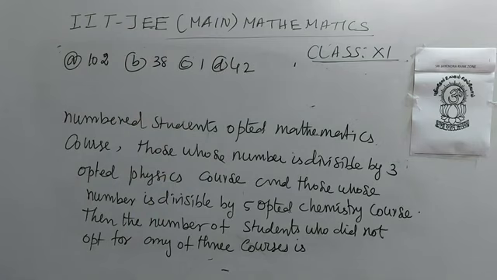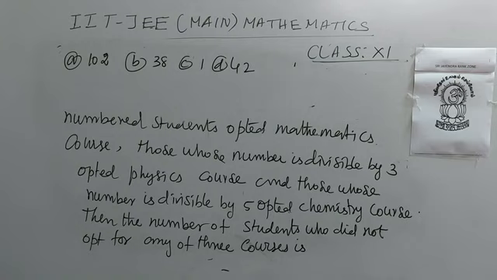So there are 140 students, numbered 1 to 140. Even numbered students opted for the mathematics course. The numbers divisible by 3 opted for the physics course, and those divisible by 5 opted for the chemistry course.